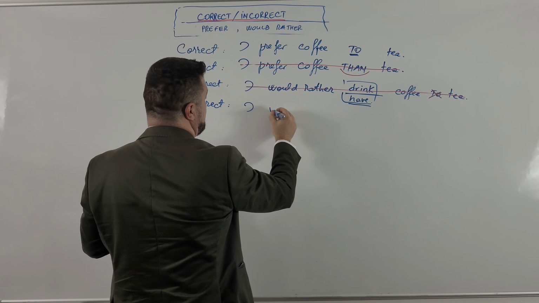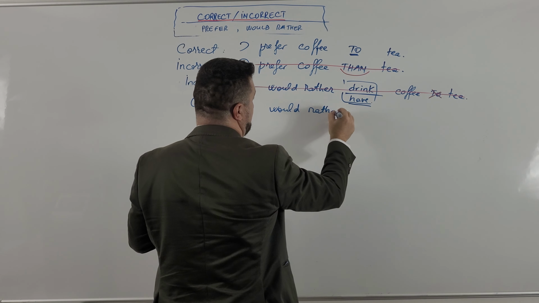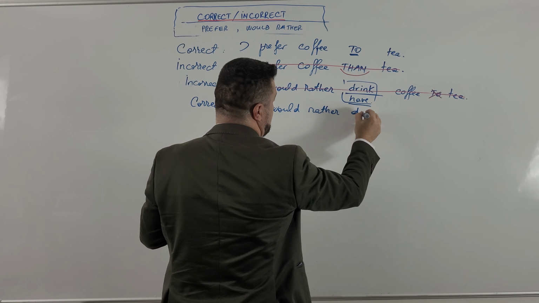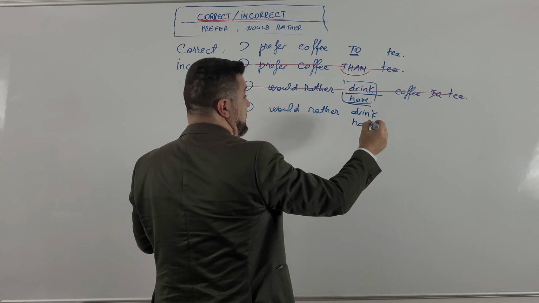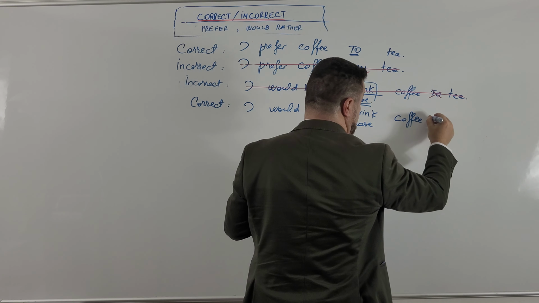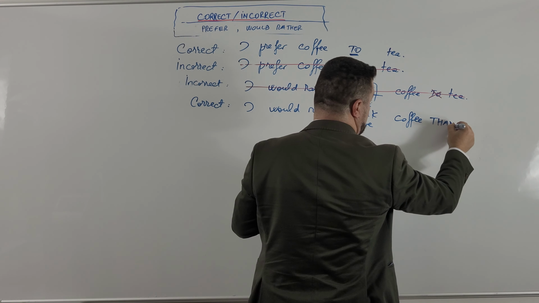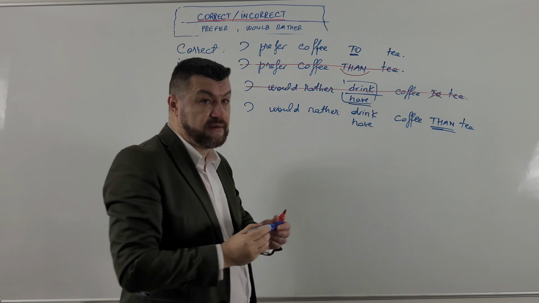So the correct sentence would be, I would rather drink or have coffee than tea. So here, than is correct.